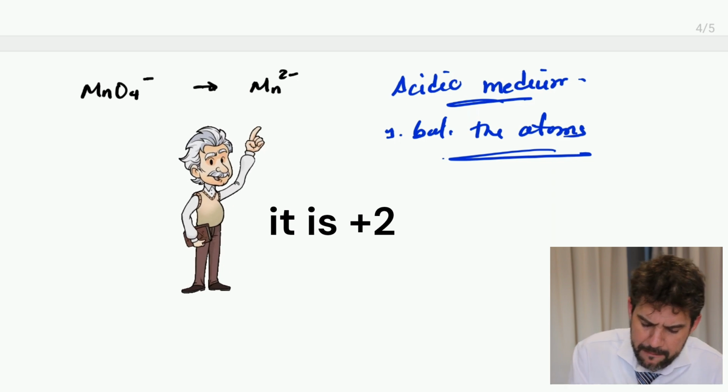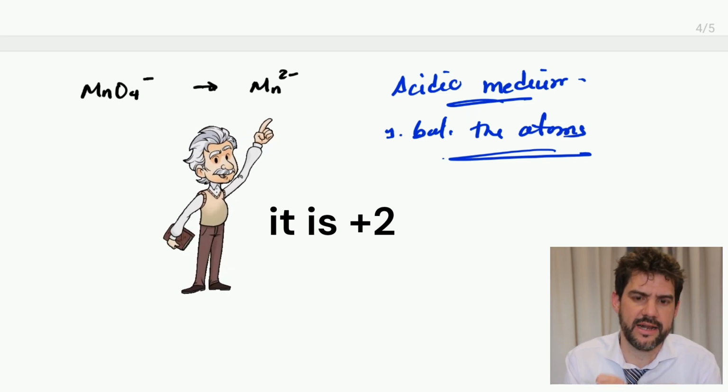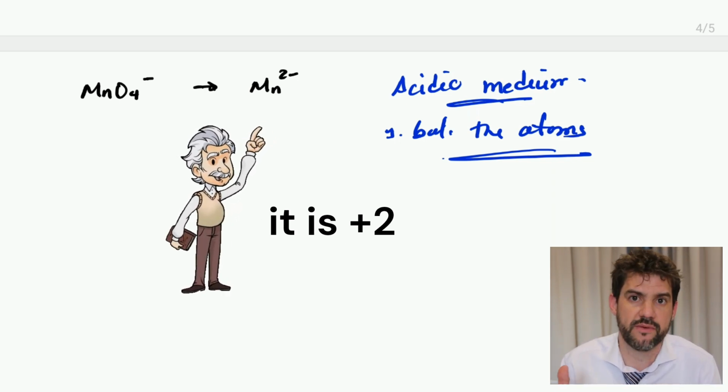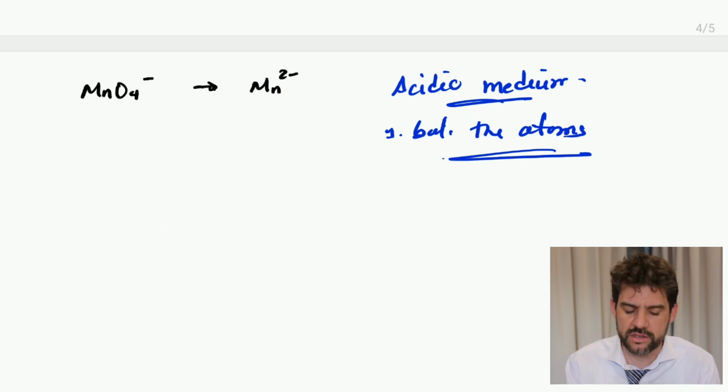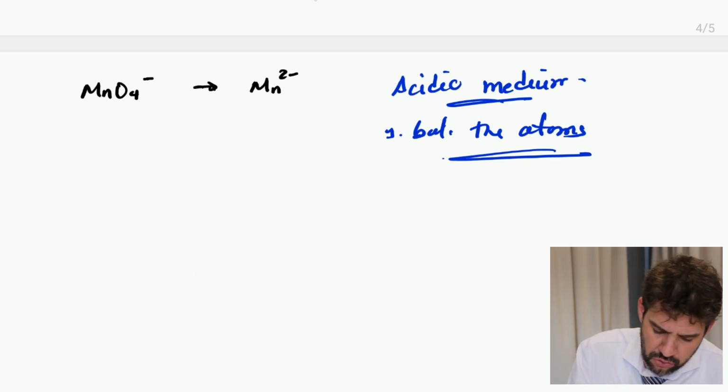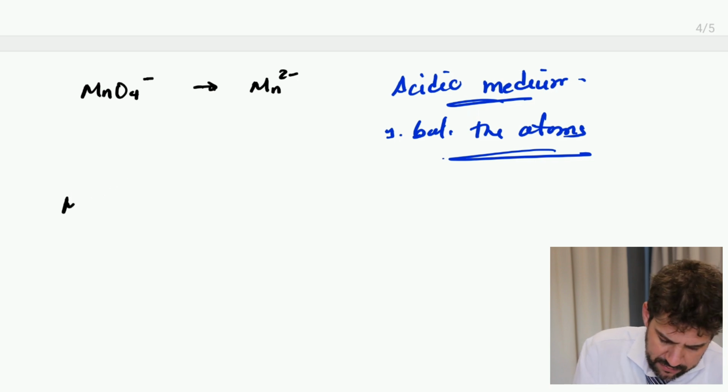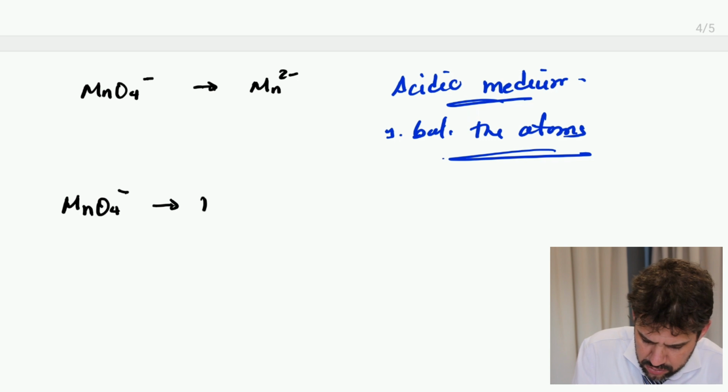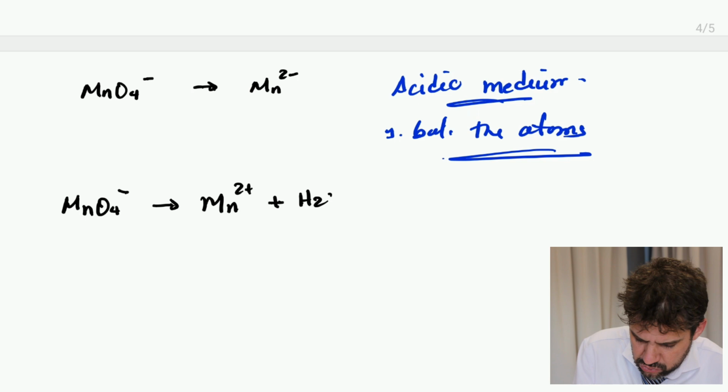Now, here may be slightly different and a little bit more tricky. We don't have oxygen on the right-hand side. We are going to add water on the right-hand side. So that is what I'm going to do. I have MnO4-, then arrow, Mn2+ plus H2O.